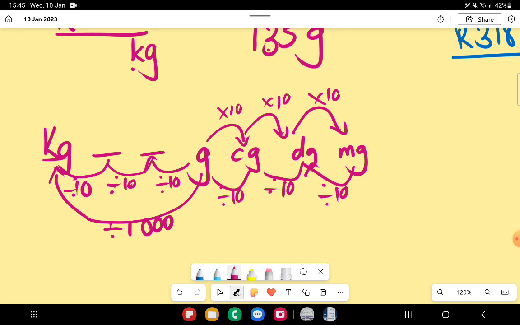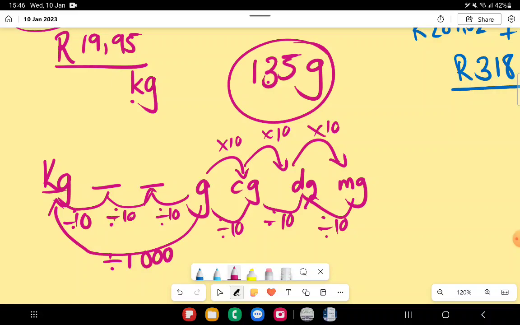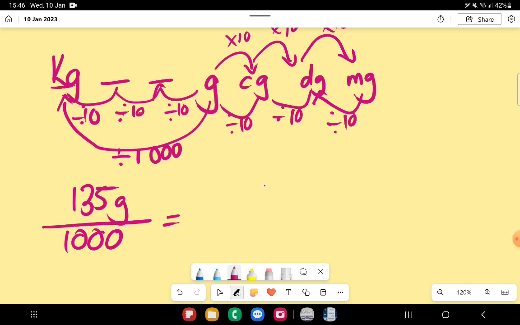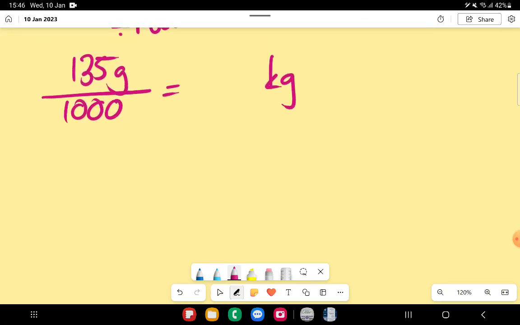Okay, so what does this mean to you? How do we get from grams to kilograms? You could very easily just put it in your calculator. You could say 135 grams divided by 1,000 is going to give you the kilograms. But what I want to show you is, if I take 135, this number has a decimal place.